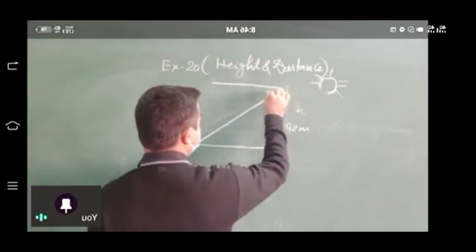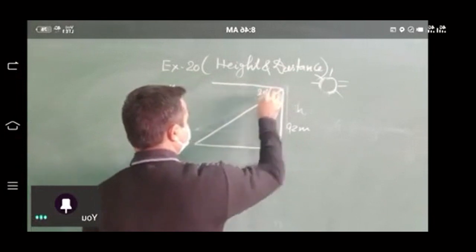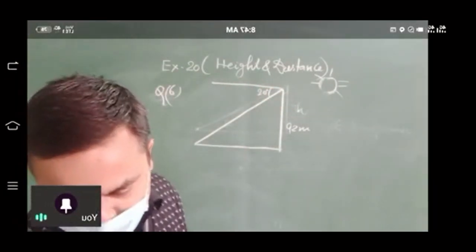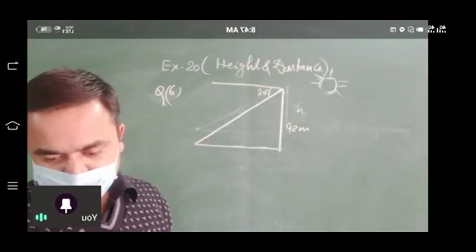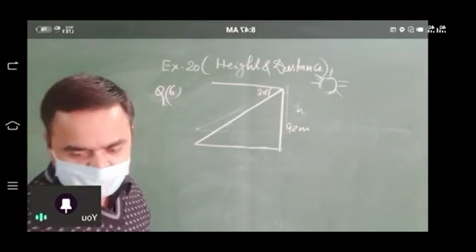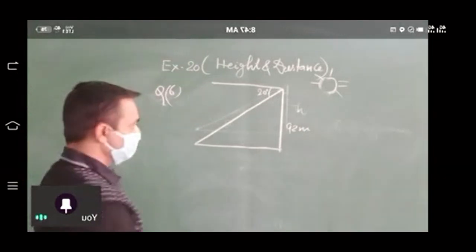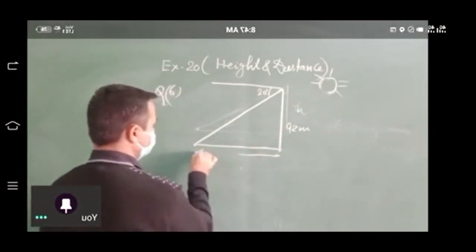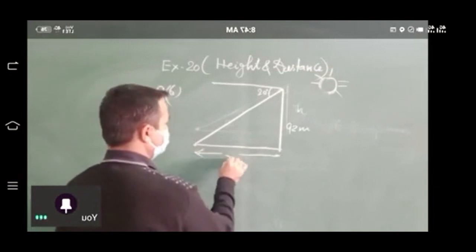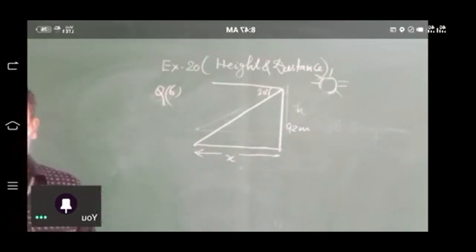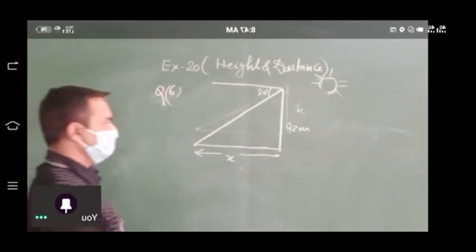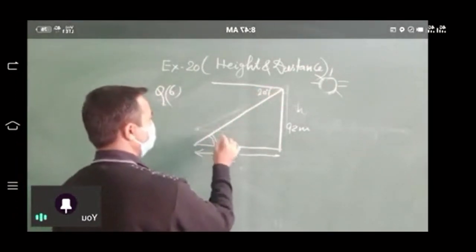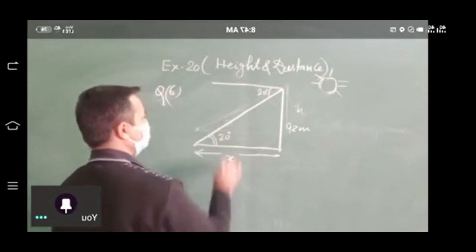Calculate, to the nearest meter, the distance of the buoy from the foot of the cliff. This is the distance you have to measure. If this one is 20 degree, then this is also 20 degree.